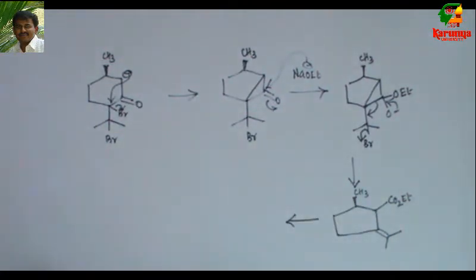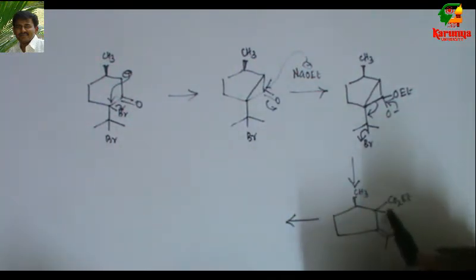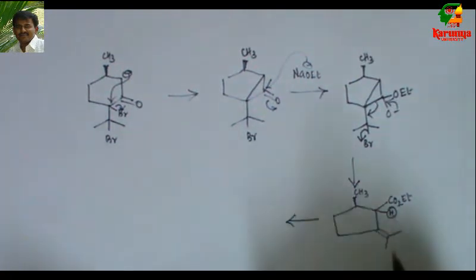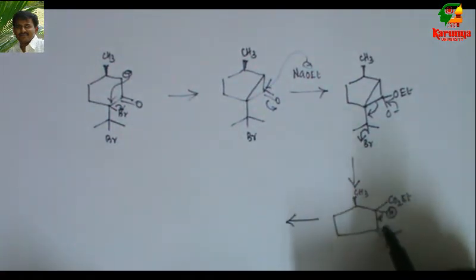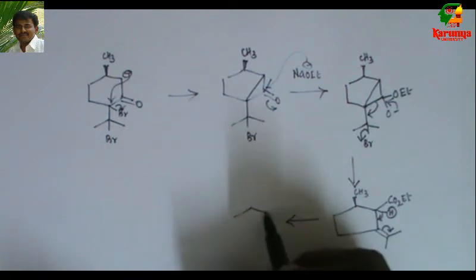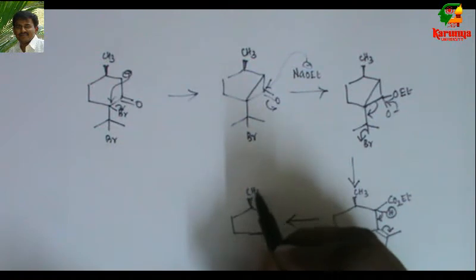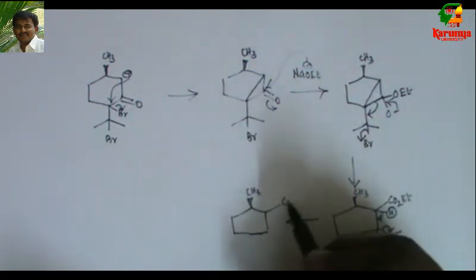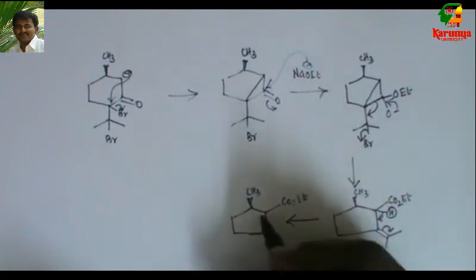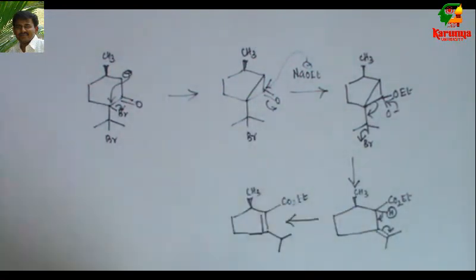But this product is not stable. Under the basic condition of this reaction, that is when you use sodium ethoxide, it will abstract this proton and the minus charge will migrate to give an alpha beta unsaturated ester like this.